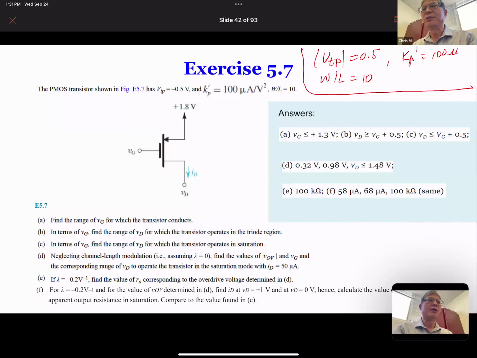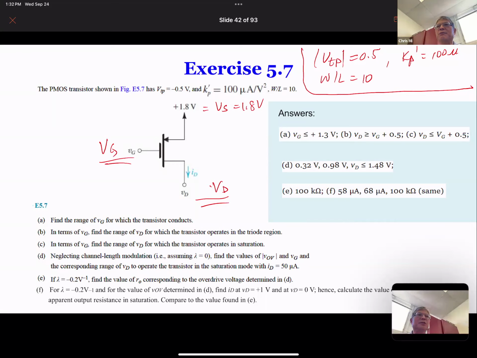What it wants you to find out is what VG is going to be in the off region, things like that. In addition to those 3 variables, we also know that Vs is given at 1.8, and Vd is not given, and Vg is not given. So we need to continue to solve for those variables.